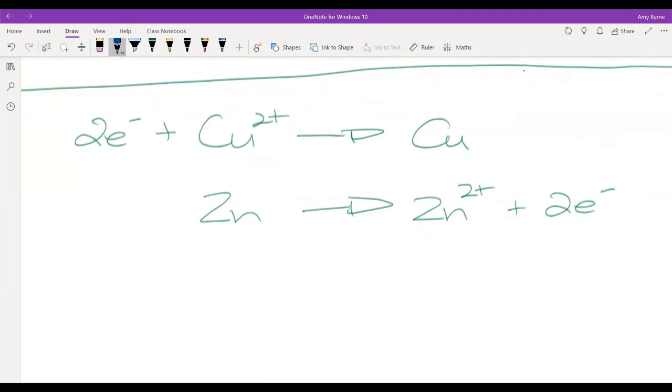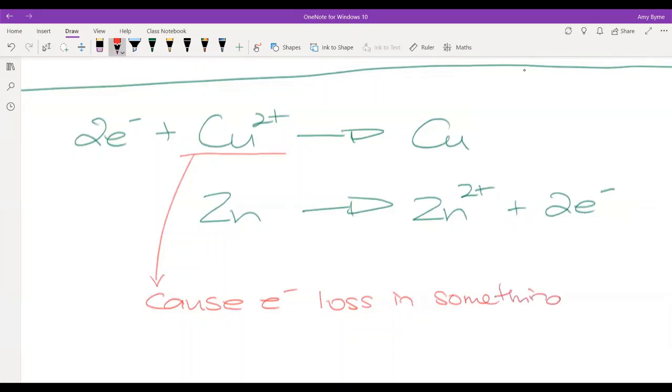So, copper, let's think about it slightly more violently. Copper is ripping electrons away. This copper 2+ is ripping electrons off stuff. So this is going to cause electron loss in something else. If something is a cleaning agent, it doesn't itself clean.